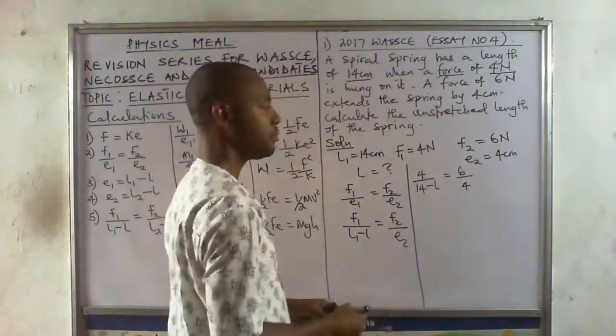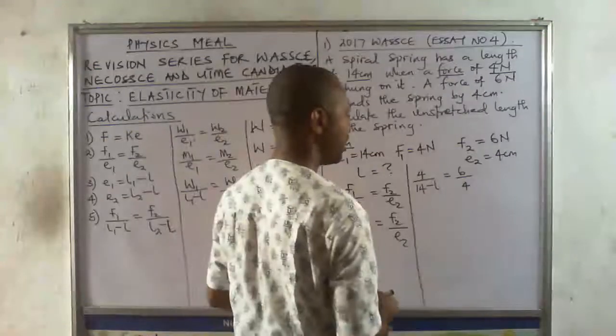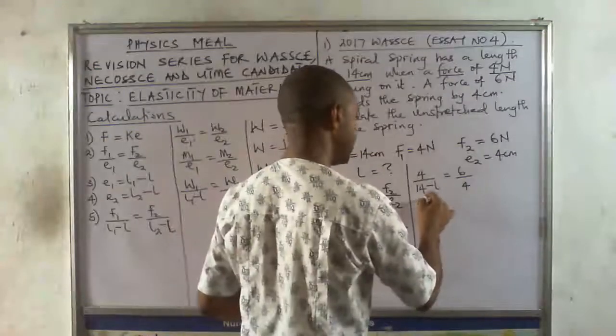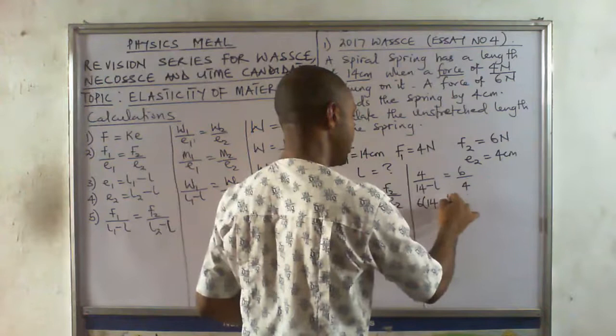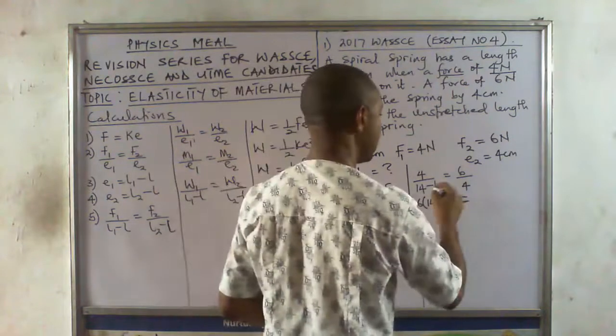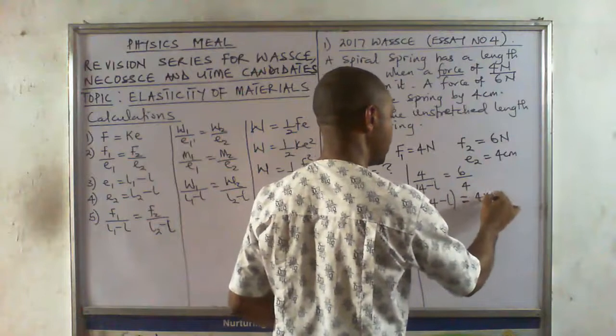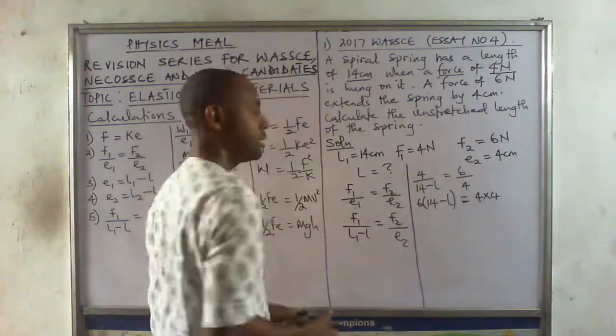Okay? Then if we clear this fraction, we're going to have 6 bracket 14 minus L is equal to 4 times 4.